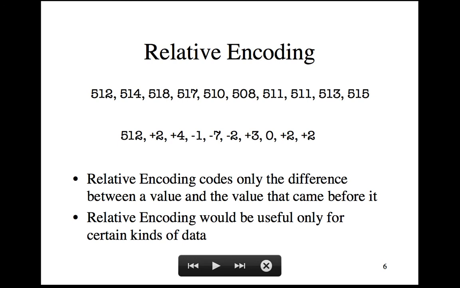So here, there are small variations from one piece of data to the next. And provided the maximum variation from one to the next is small enough, you can save a lot of bits coding it this way.